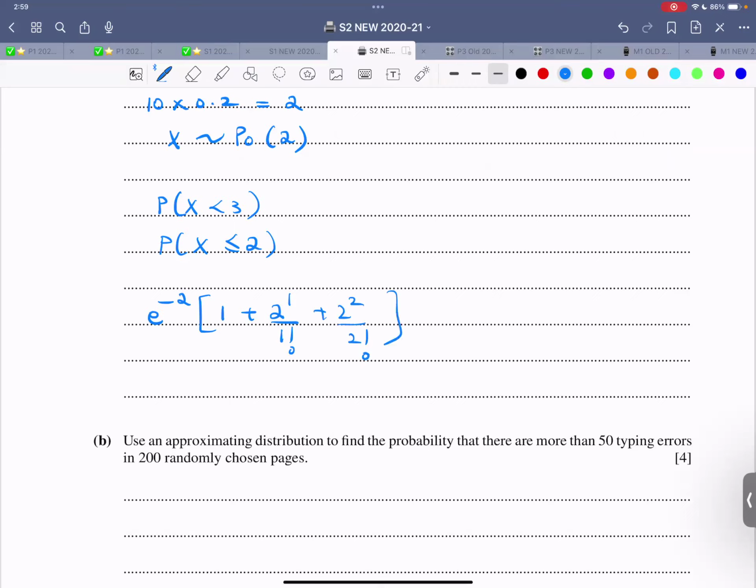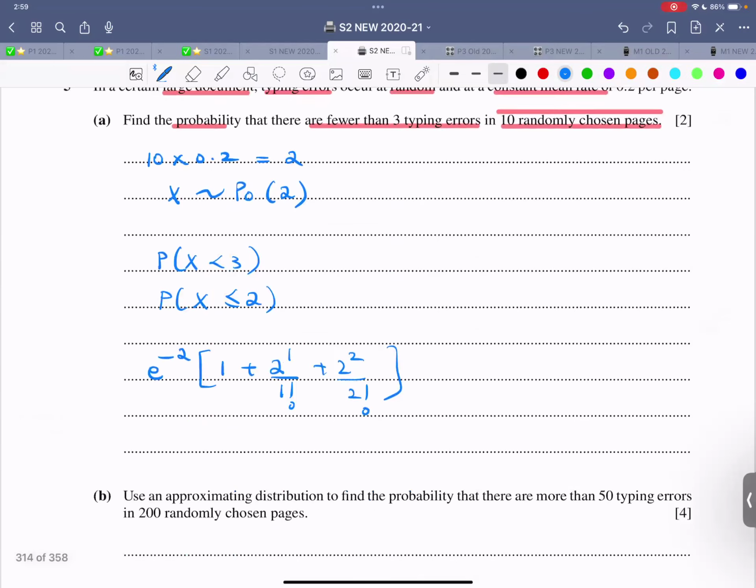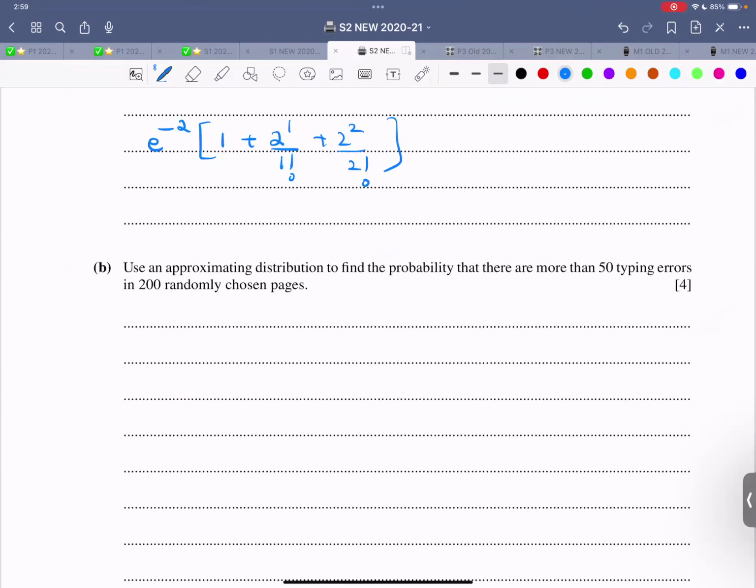Grab your calculator. This is question number 5, and this comes out to be 0.677, correct to 3 significant figures.